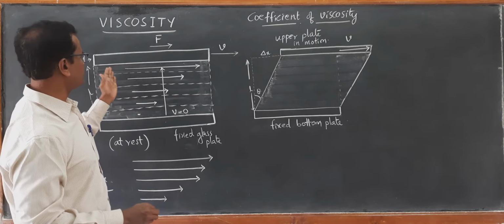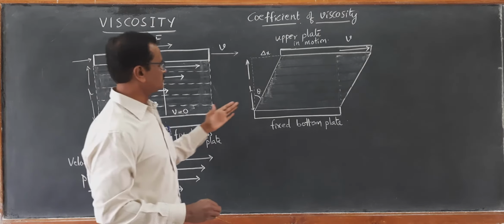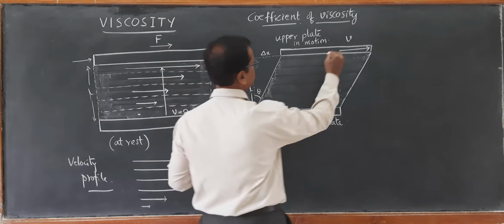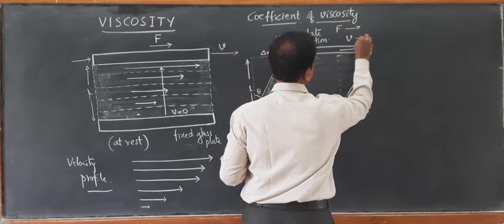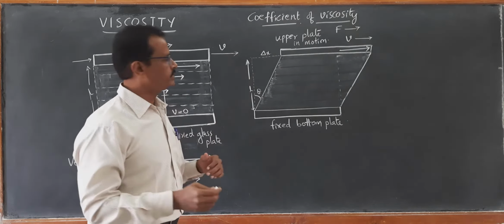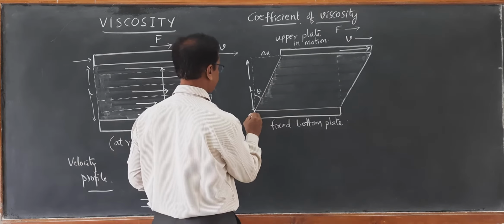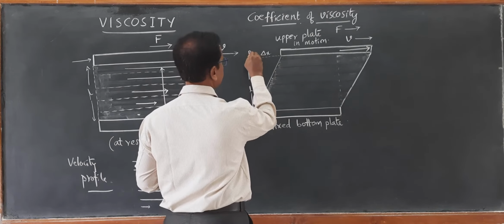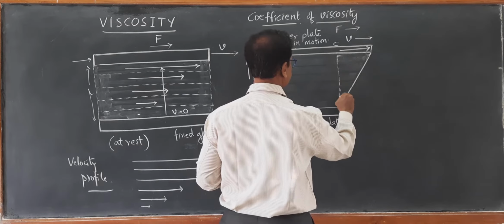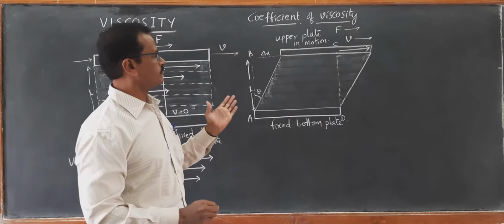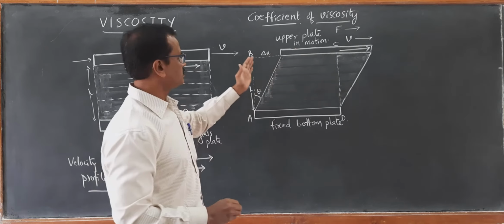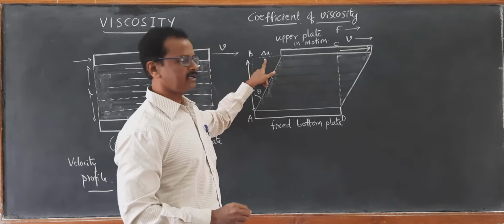Then we discussed what happens to the fluid. Consider this is the shape of the fluid when it is set into motion by applying force F. In this direction, the upper plate surface moves with velocity v. Earlier, before applying force, the shape of the fluid was ABCD. Now, due to the force, in a small interval of time delta t, the slide has moved through a distance delta x.